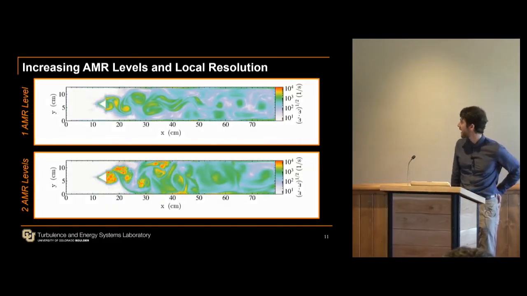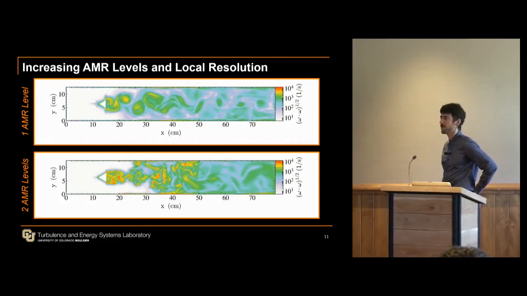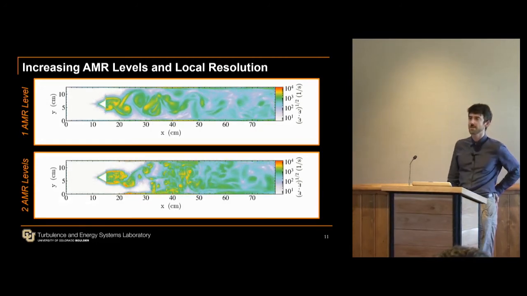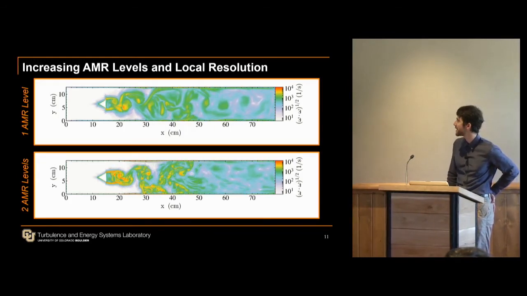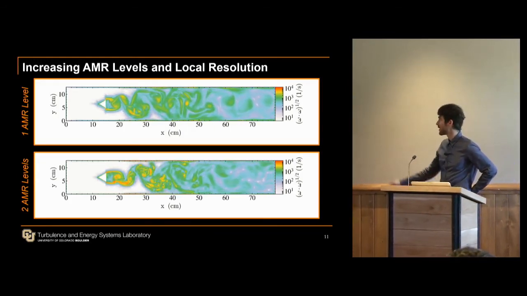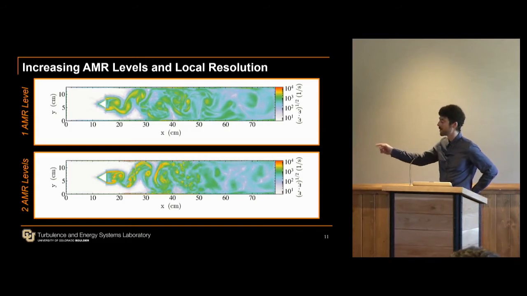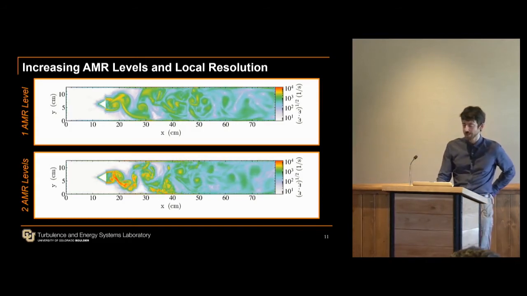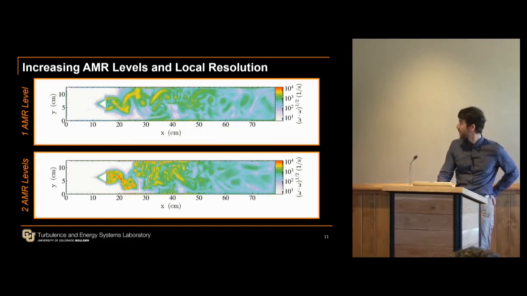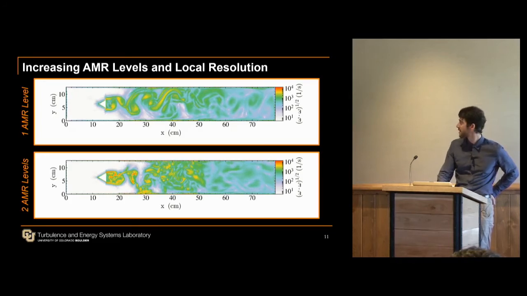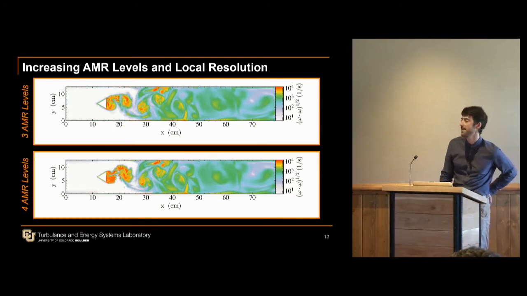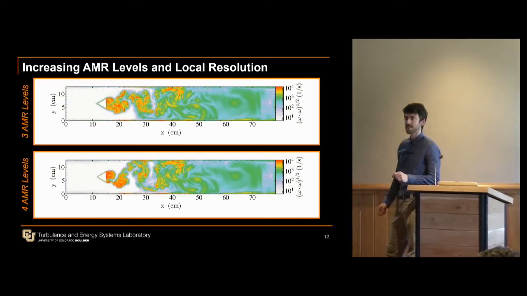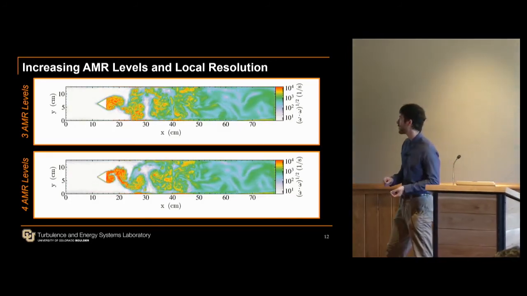Looking at just the flow physics for different levels of refinement, to understand how important each of these levels can be, these are very coarse simulations here. You see very little refinement on the top, more refinement on the bottom. If we move on to the even finer resolutions that we've gone to, we see much more intense vorticity, and actually we see a characteristic change in those recirculation zones that we care so much about.